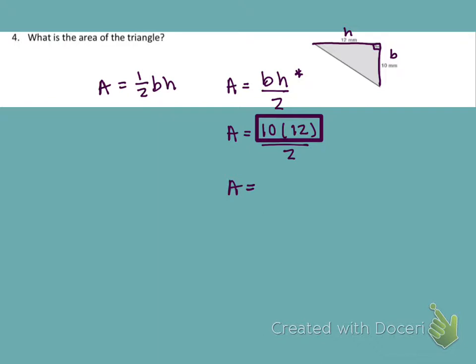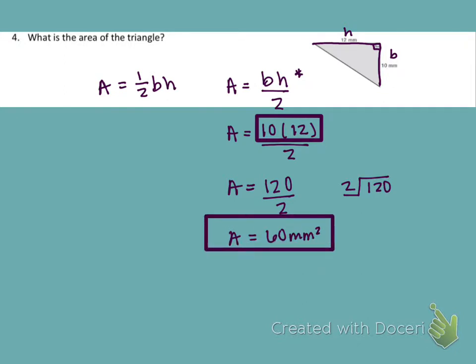So 10 times 12 we should know is 120, and then divide that by 2. Okay, so area equals 120 divided by 2. Half of 120 is, if you don't know, go off to the side, but you should have the answer for this already, which is 60 millimeters squared. Don't forget, when we find area, our unit is squared.